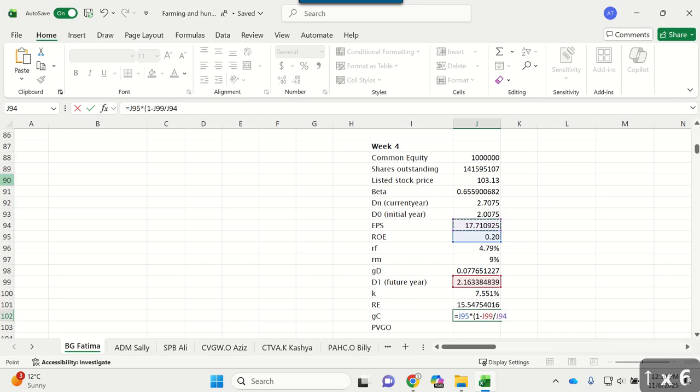And then, now don't worry about order of operations. It will do the dividing first. It'll do the D1 over EPS before, and then it'll go 1 minus that whole term. And then enter.